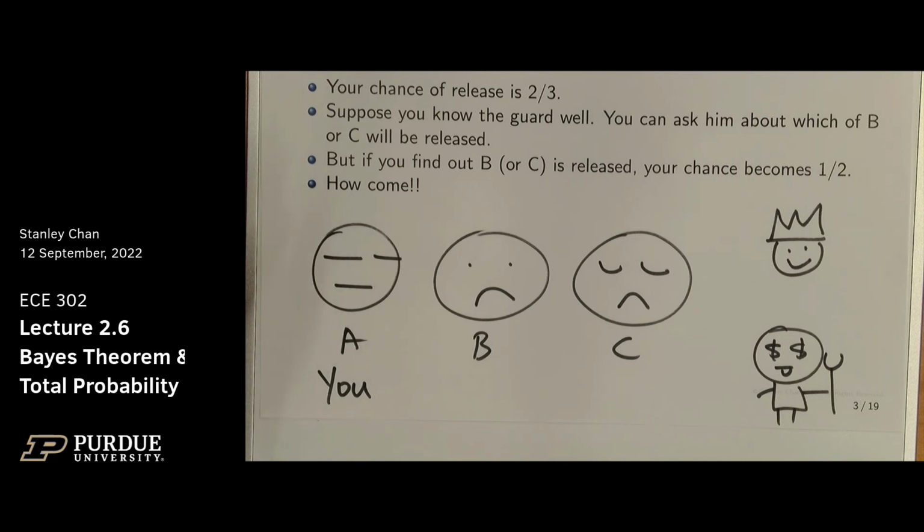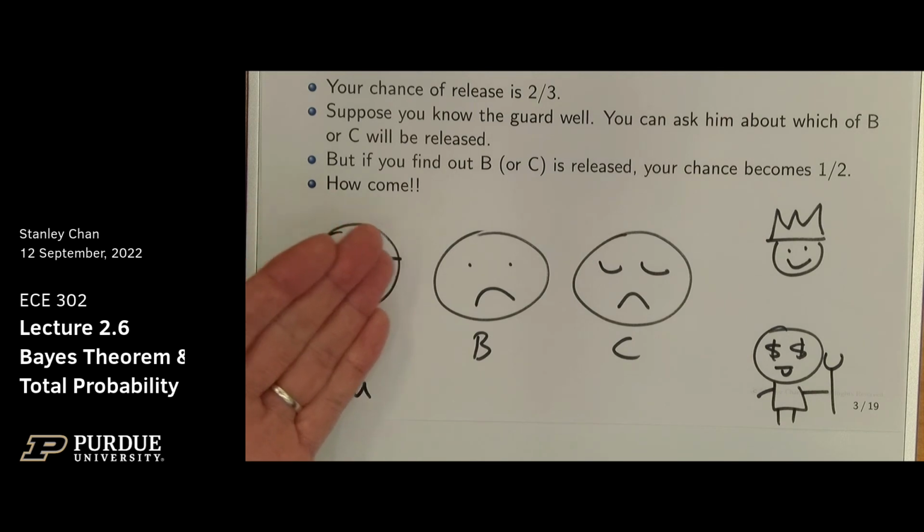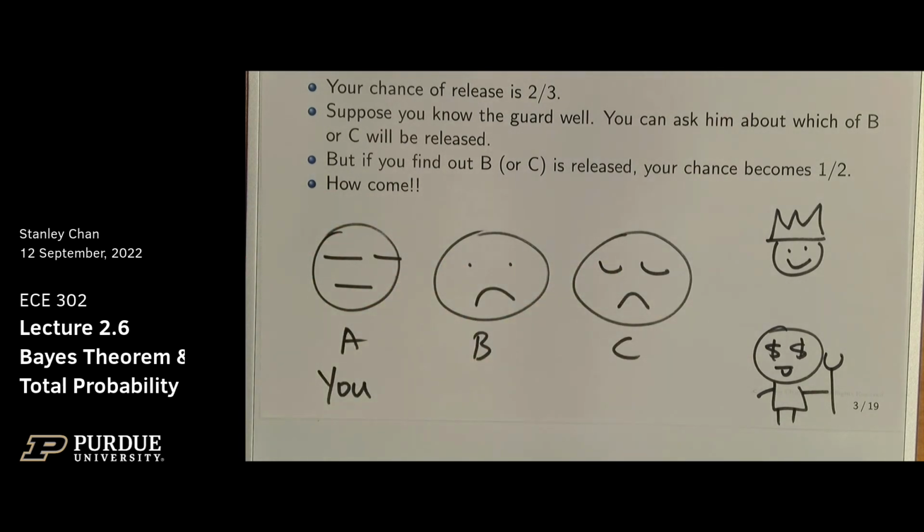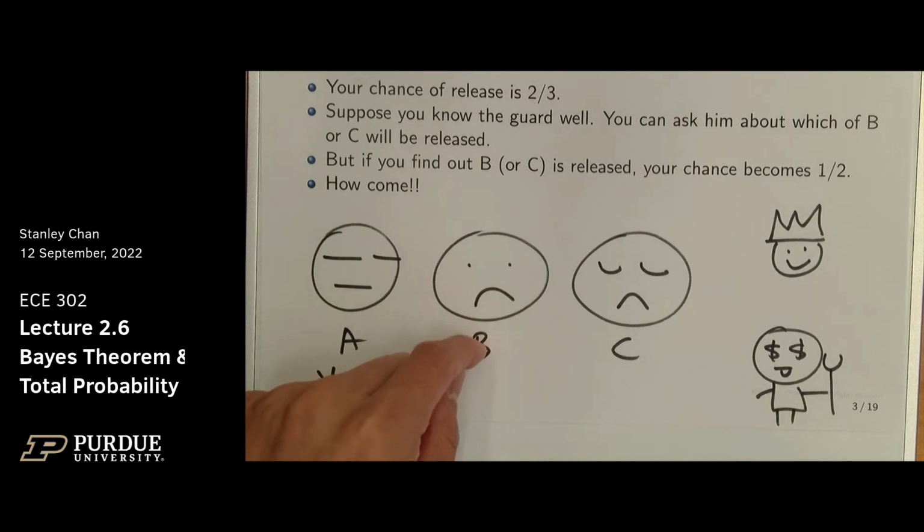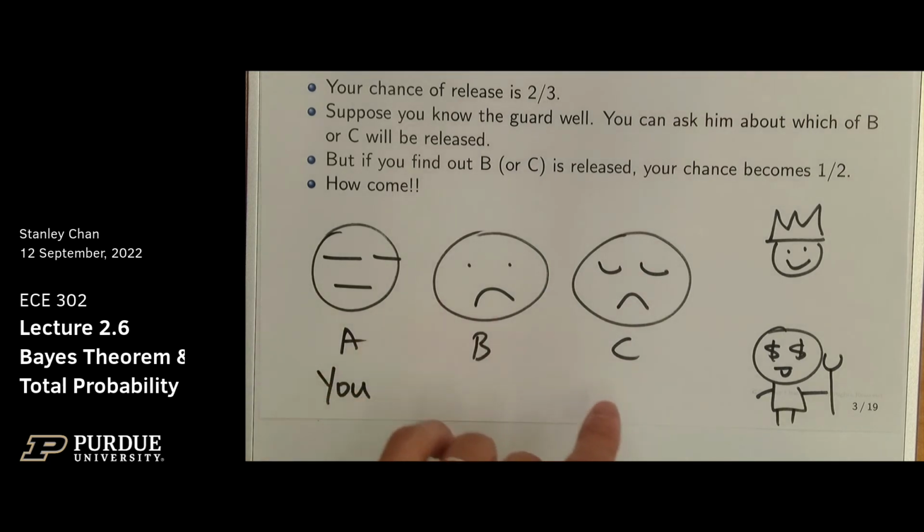You are prisoner A, so you're sort of neutral, and then there are two other prisoners that are unhappy. Then you have a guard you can talk to. The guard cannot talk about your case, but the guard can talk about the cases for B and C. So without doing anything, your chance of being released is 2/3, because out of the three people, two will be released.